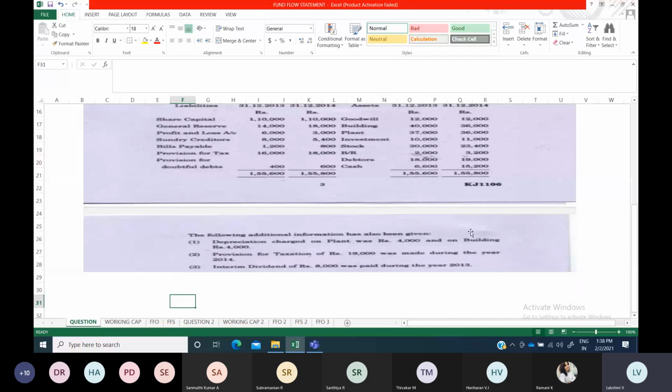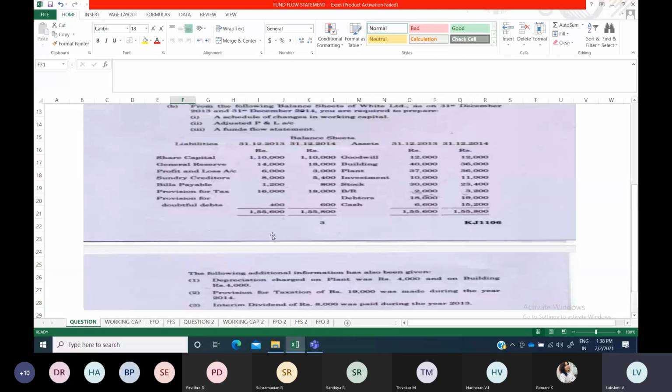Plant account, building account, and find out whether they have made a purchase or sold out. So before preparing the final step, the fund flow statement, you have to prepare the necessary accounts as working notes. Then only can you find out whether we have purchased or sold.